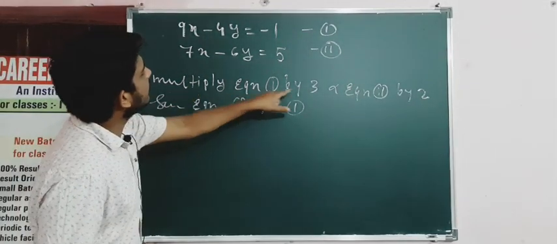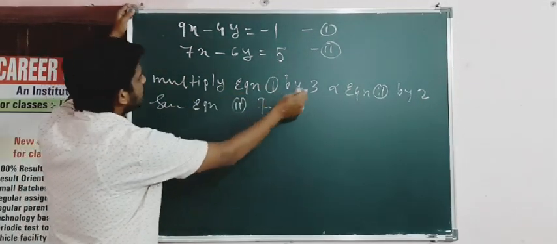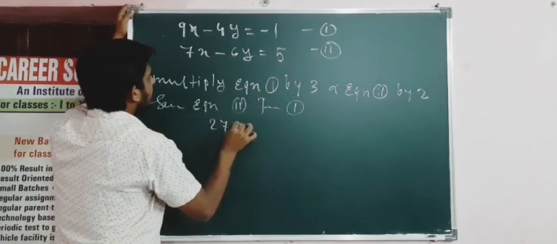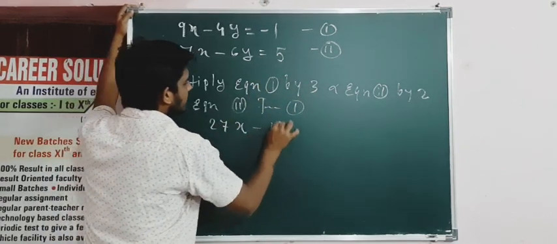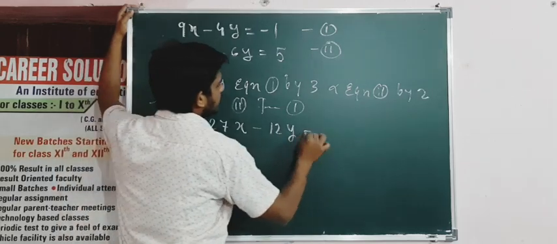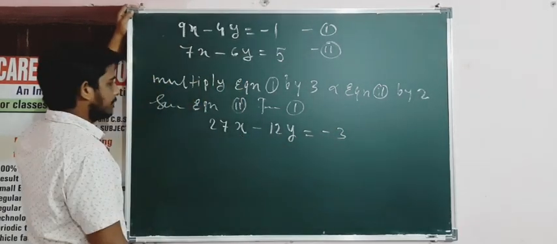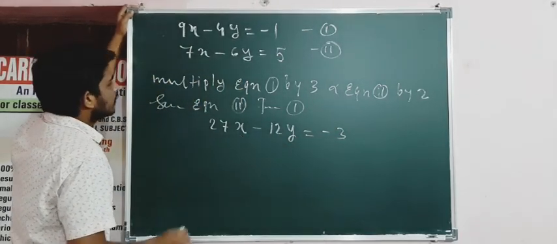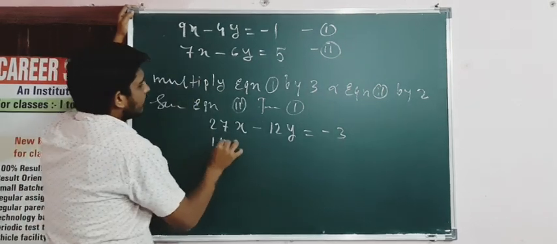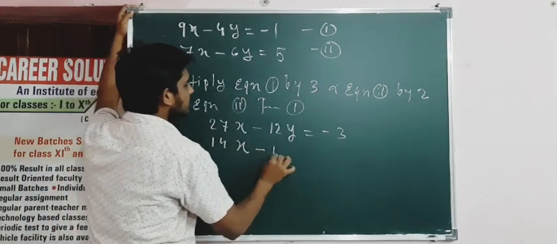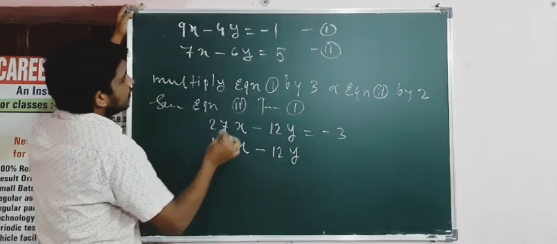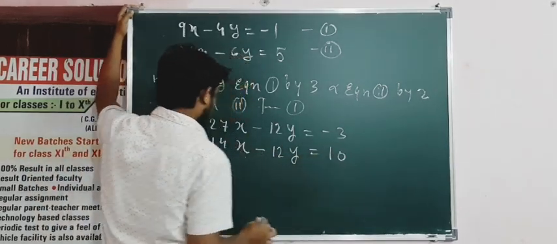ओके, तो इक्वेशन 1 by 3, start multiplying equation 1 by 3. 3 9 जा 27x minus 3 4 जा 12y is equals to 3 1 जा 3, that is minus 3. Okay, now 2 7 जा 14x minus 2 6 जा 12y is equals to 2 5 जा 10.